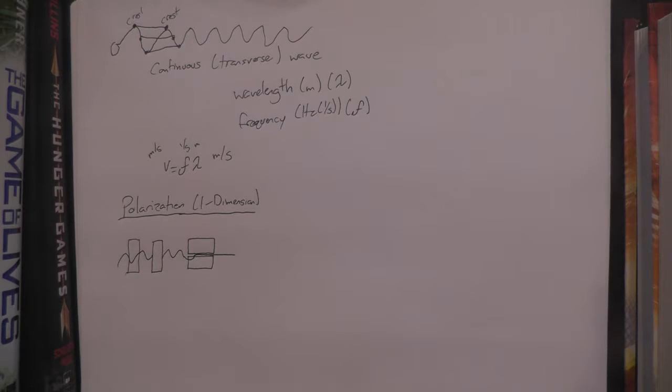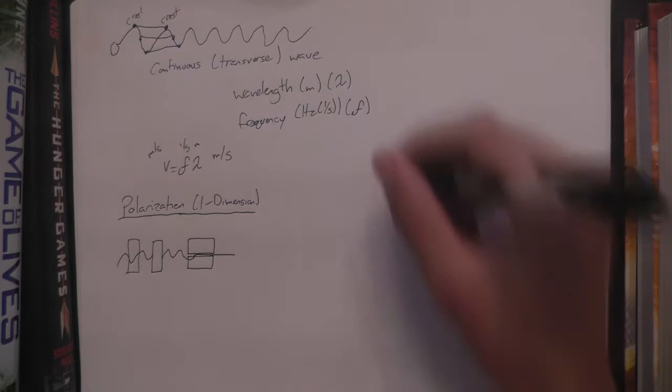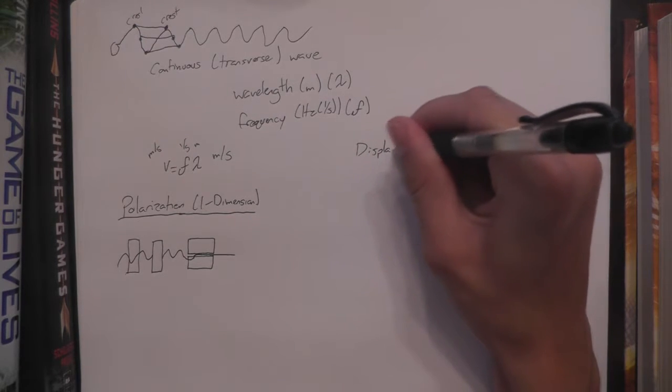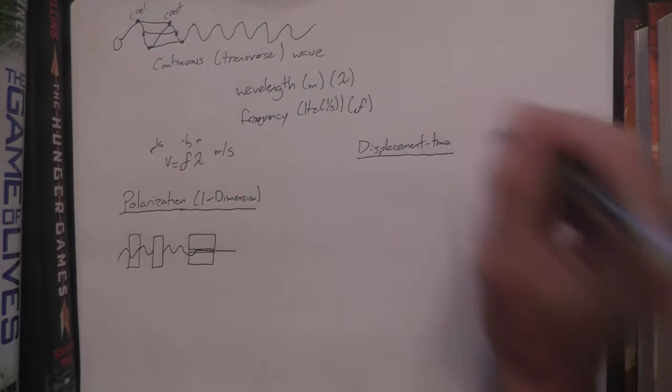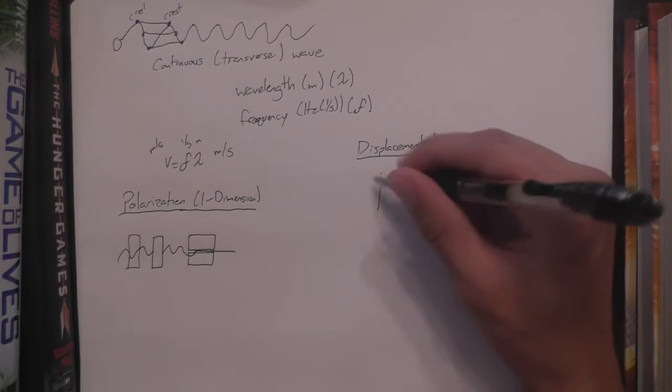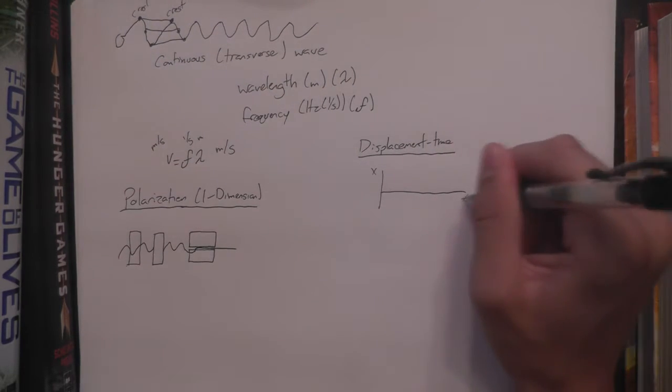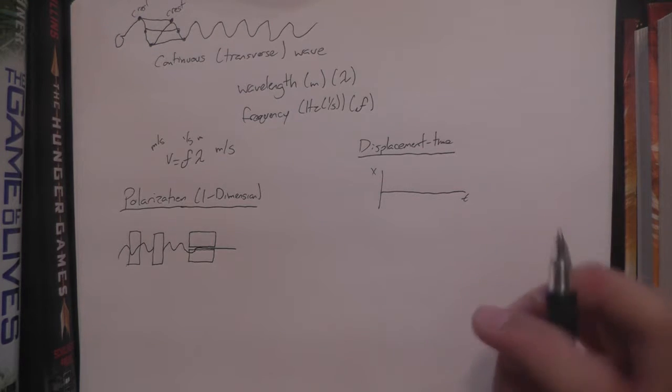Now, we can graphically represent these wondrous transverse waves, and we can represent them in 2 key ways, the first of which being displacement time graphs. And that's simply going to be your classic displacement over time graph.